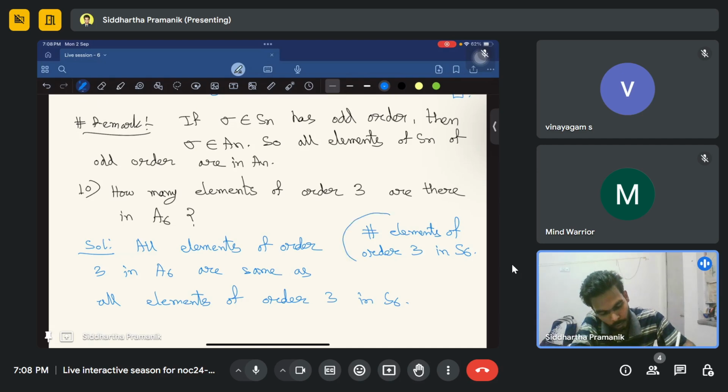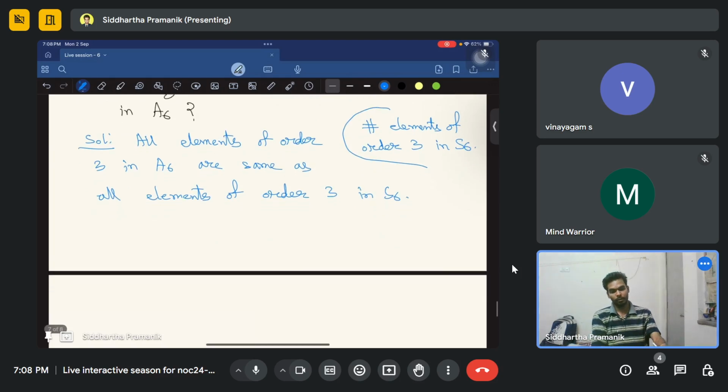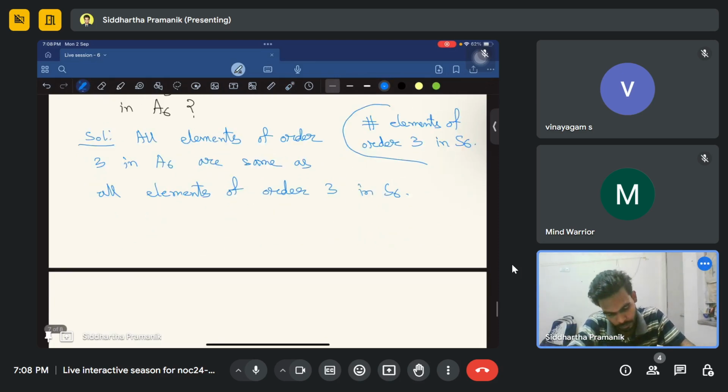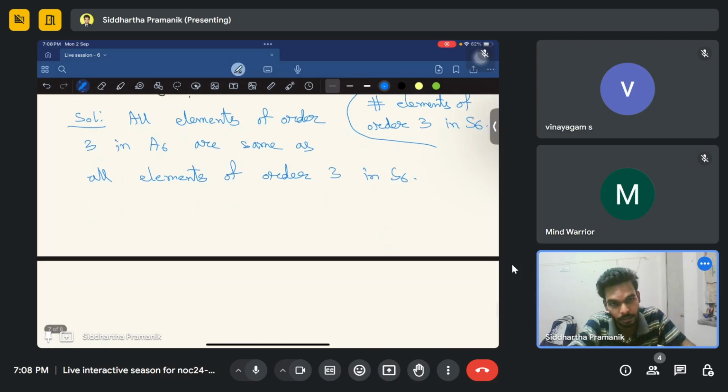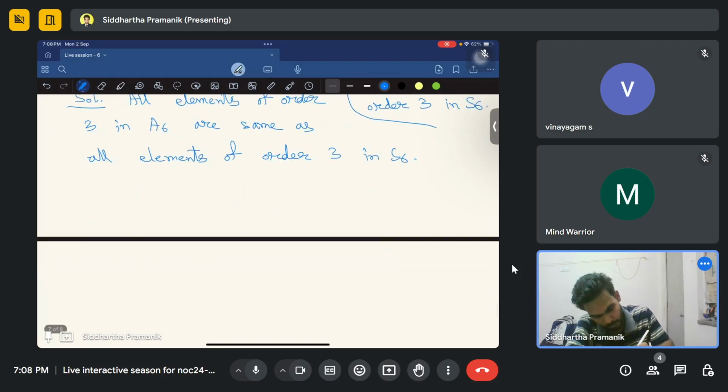So we need to count in S6. So we need to count the number of elements of order 3 in S6. So let's start with the first step, which is to find the possible cycle structures of elements of order 3 in S6.